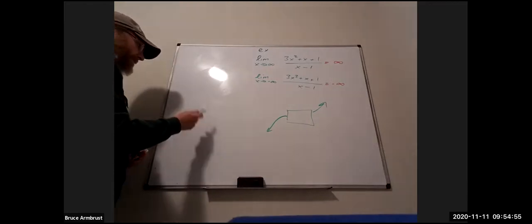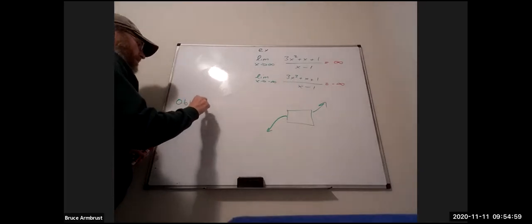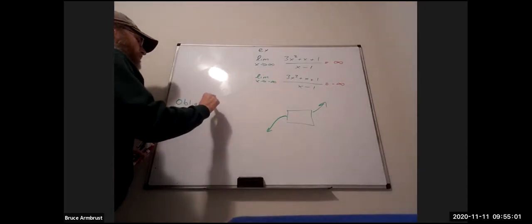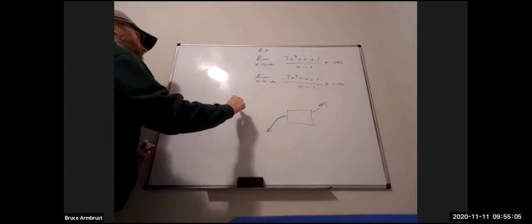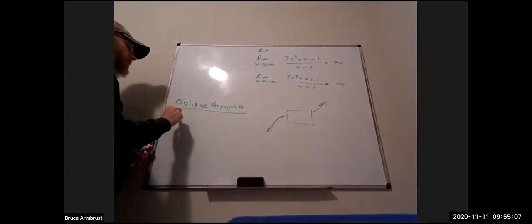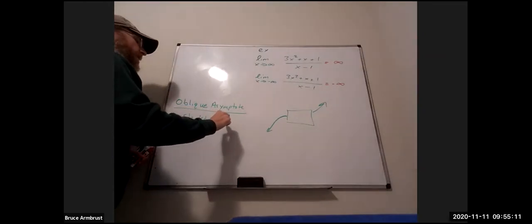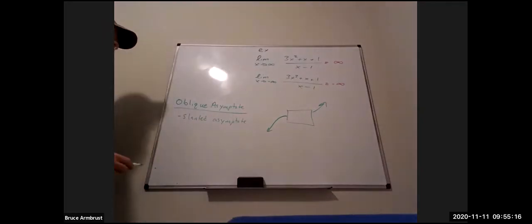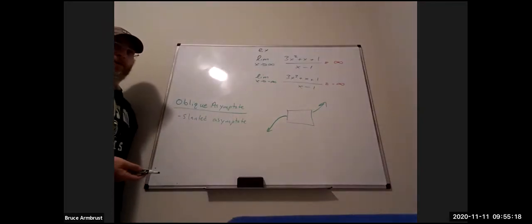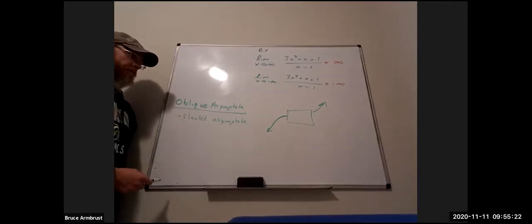Sometimes it's called a slant asymptote, but the technical name is what we call an oblique asymptote. And so I'm just going to write here, this is a slanted asymptote. Okay, still a line that we approach. It's just not horizontal or vertical.